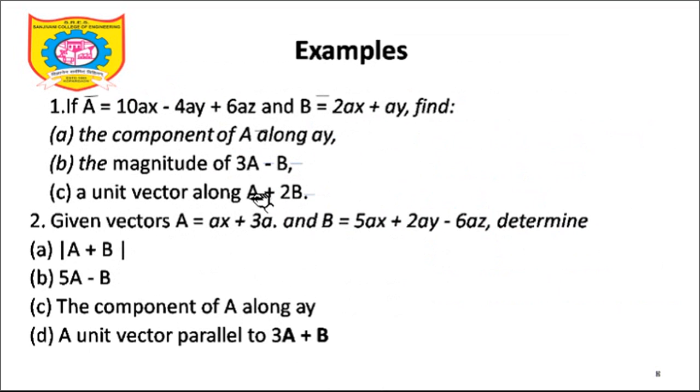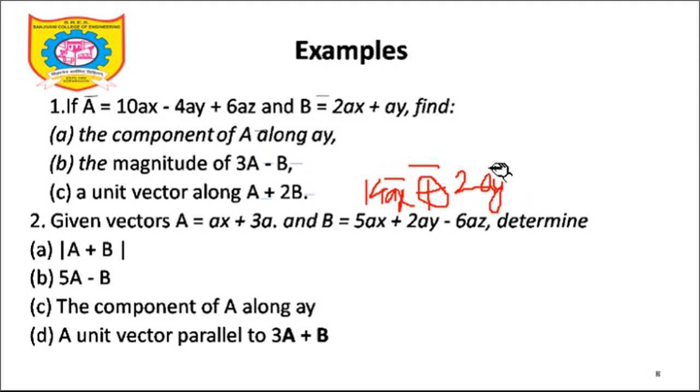Let me cross check, give me time. Okay, so once again, it is A bar plus 2B bar. So 10ax bar plus 4ax bar will be 14ax bar. It was my mistake earlier. Then for A bar, it is minus 4ay bar plus 2ay bar, so it will be minus 2ay bar.